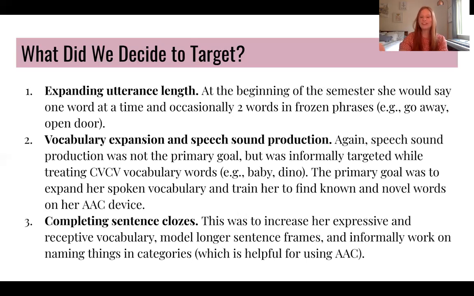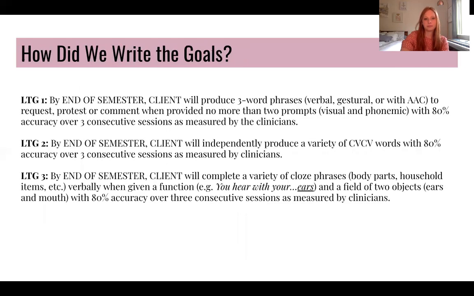So to summarize, long story short, we chose 3 things: expanding her utterance length, expanding her vocabulary, and completing sentences. How did we write these goals? So the first one was, by the end of the semester, clients will produce 3-word phrases. So remember, she had 1 and a couple of 2-word phrases.